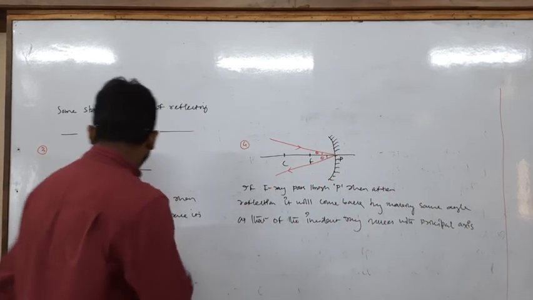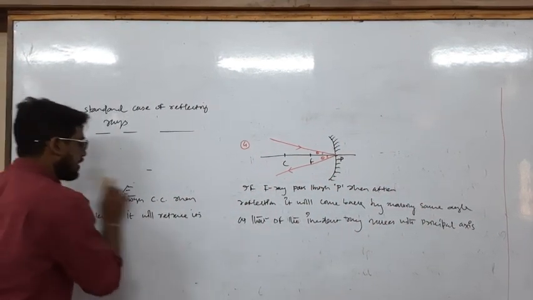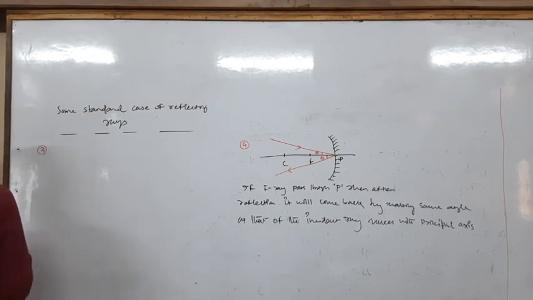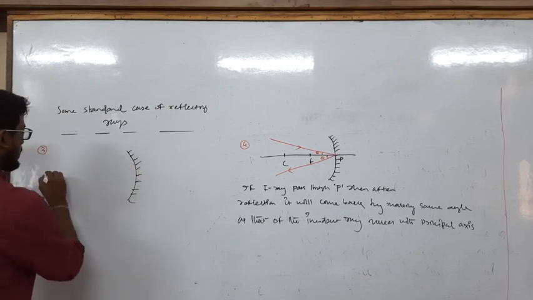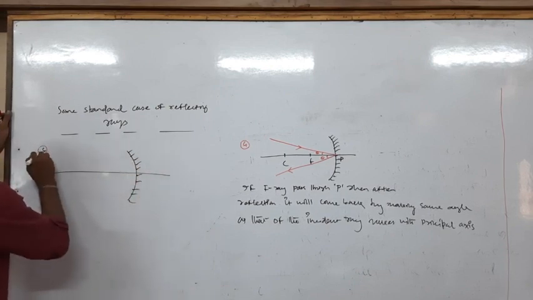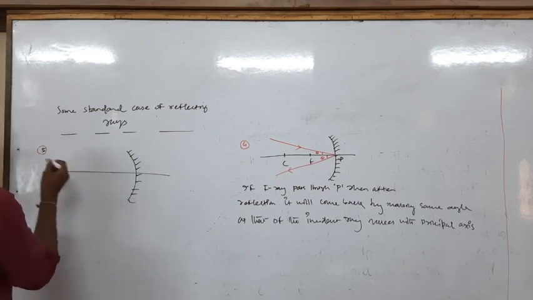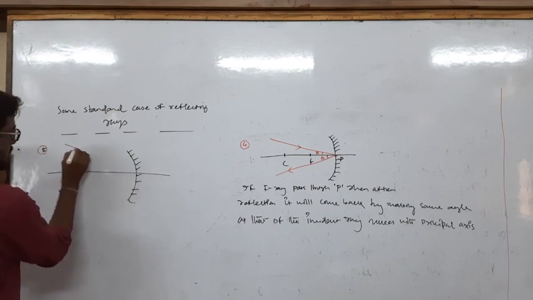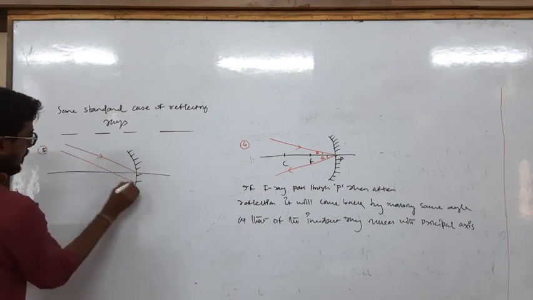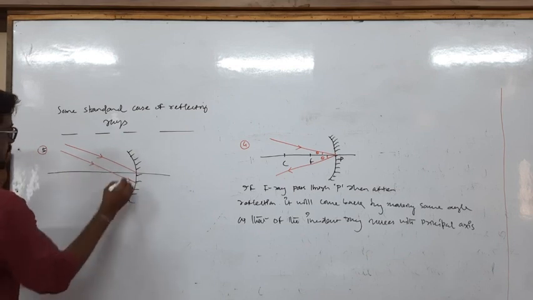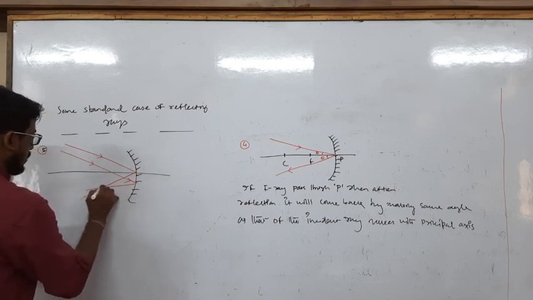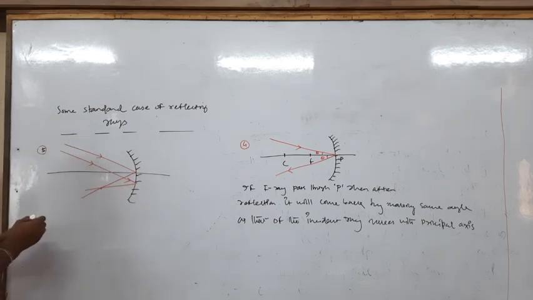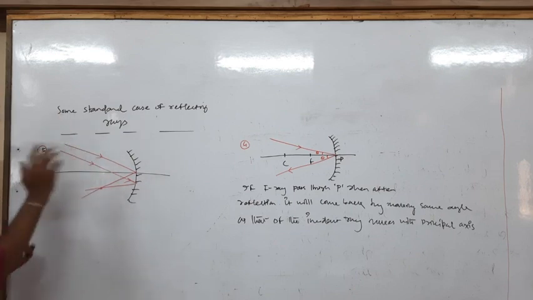Clear? Okay, and next, if the incident rays are parallel to each other but not parallel to the principal axis, like this, then after reflection they will meet at a point which lies on the focal plane, the vertical plane that passes through the focal point of the spherical mirror.